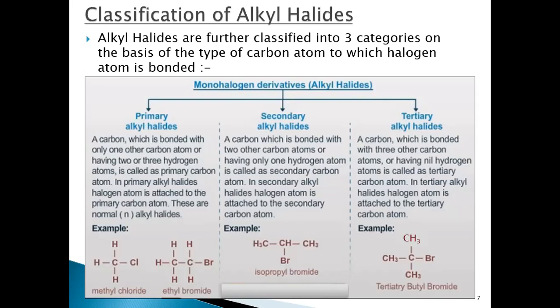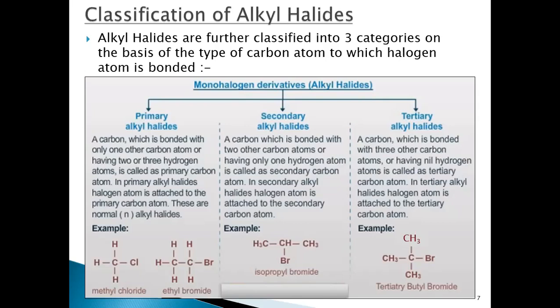Tertiary alkyl halides. In this, a carbon is bonded with 3 other carbon atoms. See in the example, tertiary butyl bromide. Carbon is attached with 3 other carbons. This is a tertiary carbon and bromine is attached to this carbon. Therefore, it is an example of tertiary alkyl halide.